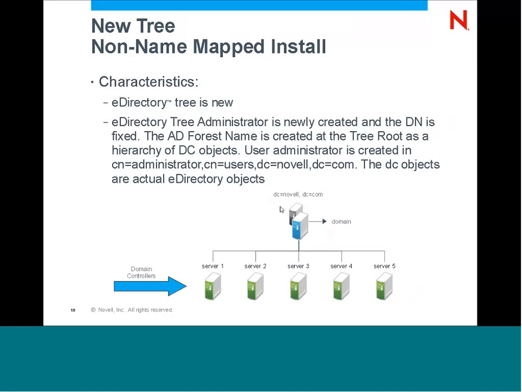It will create a DC equals com, and underneath that a DC equals Novell, or whatever you name it. So if you had Novell.net, it would be DC net and DC Novell. That would be the structure. There is not an admin user created, but what is created is an administrator user. That administrator user is given rights to the root of the tree. So it's just like the admin, but it's administrator.